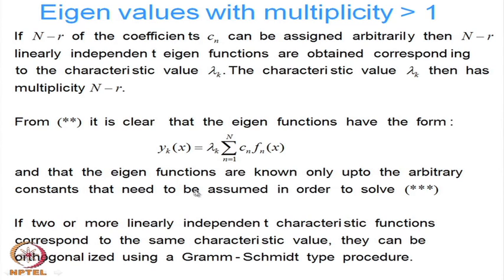So, that means these eigenfunctions are known only up to the arbitrary constants that need to be assumed in order to solve my characteristic equation.